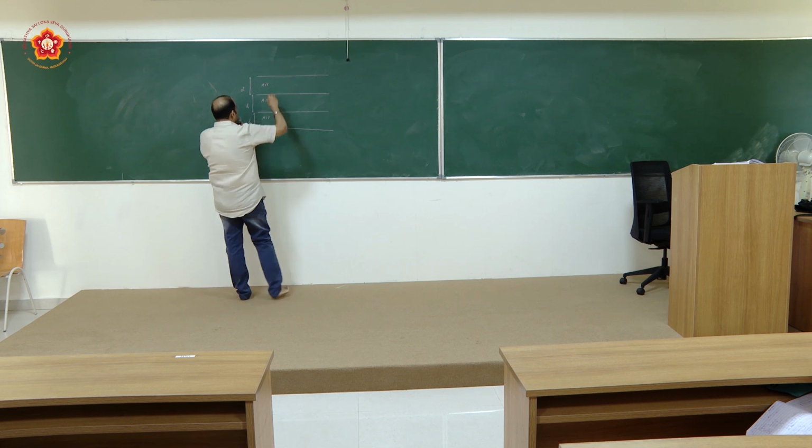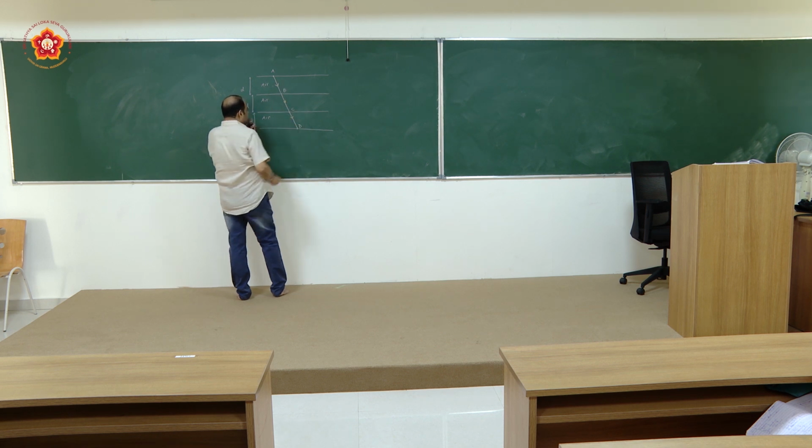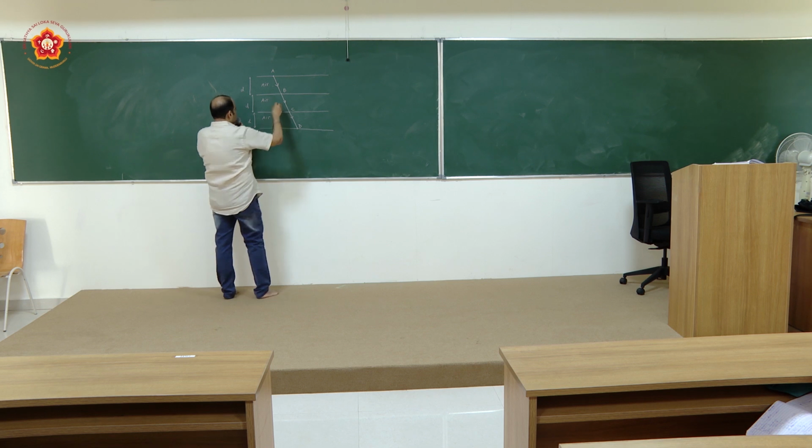The ray of light is traveling from the point A to the point B, from point B to the point C, from point C to the point D in a straight line. This is the path of the ray traveling from A to B to C to D.